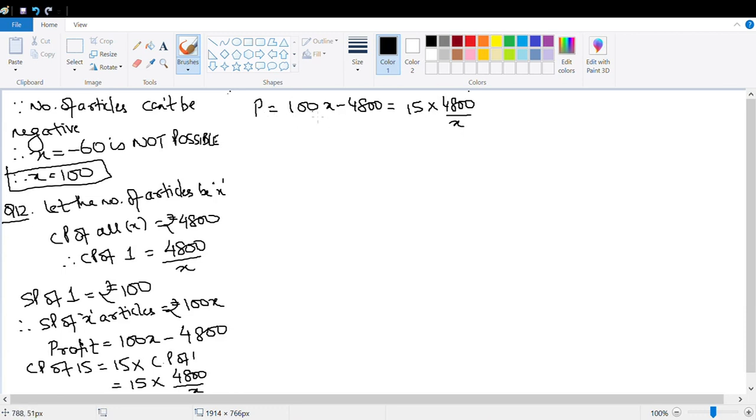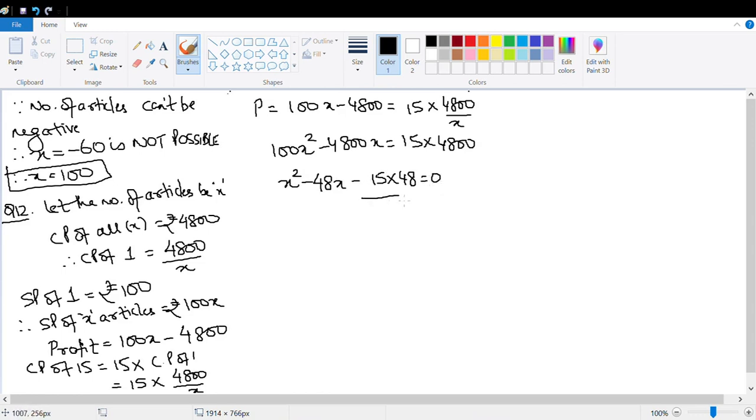Let's solve this. So let's cross multiply. What I get is 100x square minus 4800x is equal to 15 into 4800. Anything common between both sides? Yes, I can divide everything by 100. So this is x square minus 48x minus 15 into 48 equal to 0.